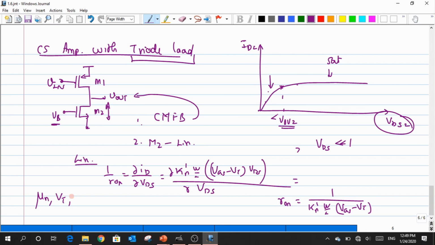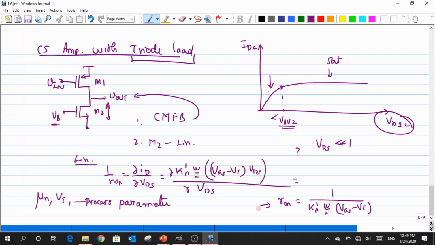This 20K is very difficult to control because over the entire die the Kn dash parameter will vary. So there is no control for me to define an appropriate value of R on in the circuitry. Does that make sense? R on depends on the process parameter, so fixing R on to a particular value is a bit harder.